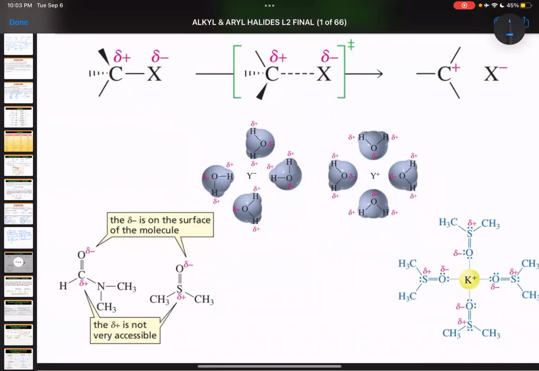Why? Why does SN2 require aprotic? What will happen if you take protic for SN2?